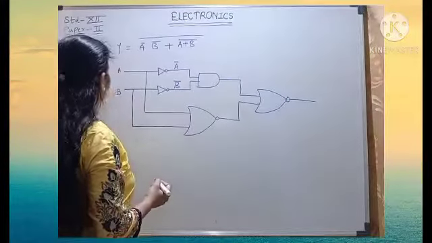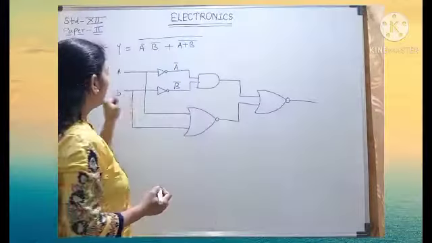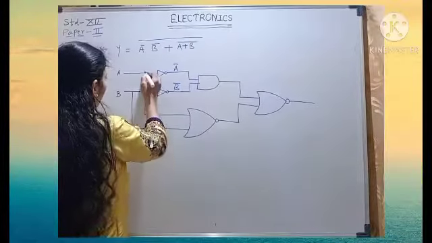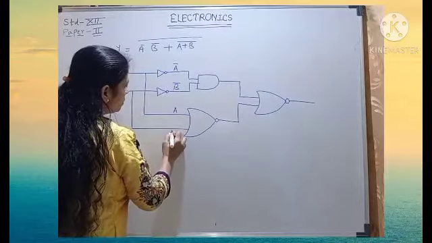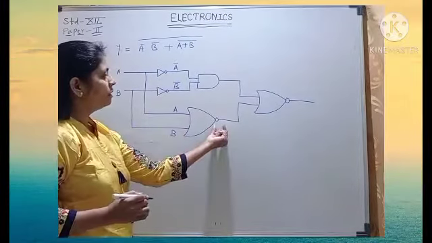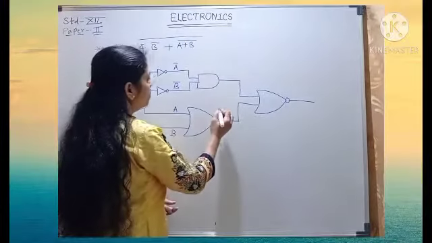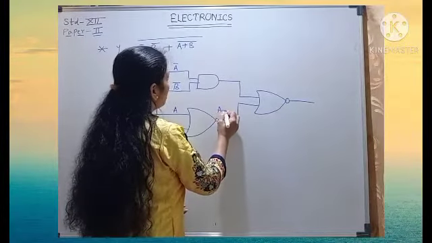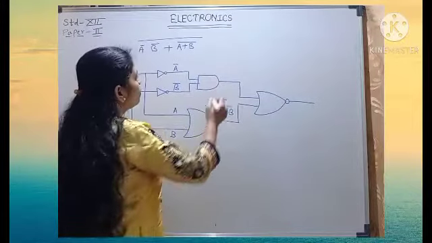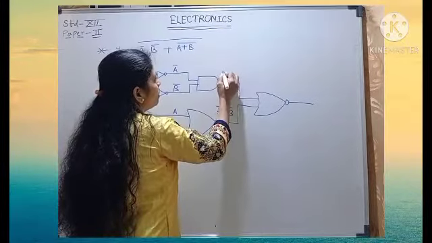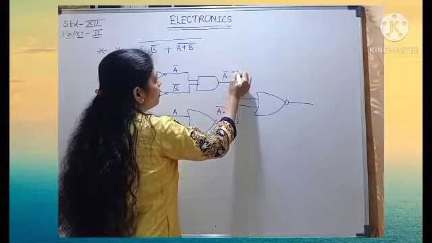Now see, this is A, here we got A bar, here we got B bar. Now this line gives us A, this line gives us B. Now here this is the NOR gate. So here we got (A plus B) complement. And here we got A bar dot B bar.